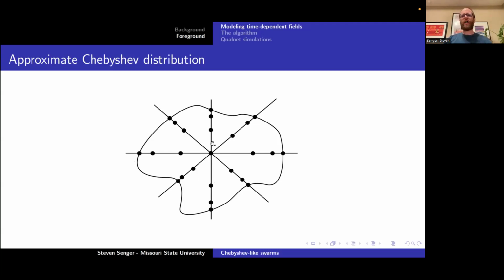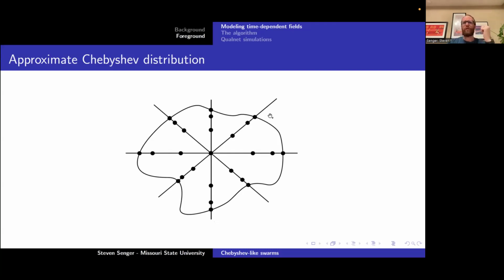But for us, what we're saying is, loosely speaking, if I slice my swarm, and I'm imagining hundreds of robots here, or at least dozens of robots, if I look along any line, I should have sort of a Chebyshev distribution. I should have a few robots near the center, but robots should be clumping up near the boundaries.